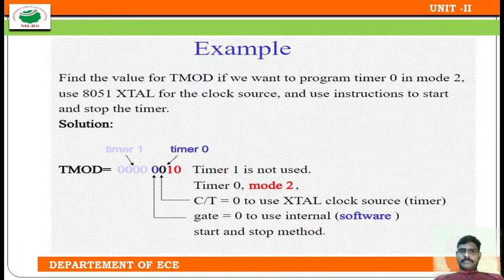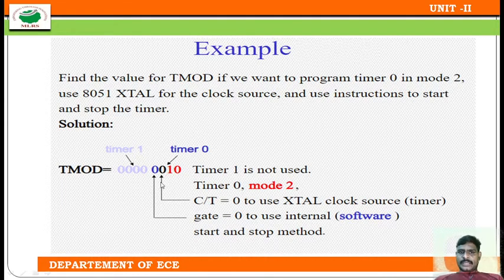For example, find the value of TMOD if you want to program timer 0 in mode 2 using a crystal clock source and an instruction to start and stop the timer. What do I need to do here? I need to initialize it. Timer 1 is not used. The first 4 bits are for timer 1 and the next 4 bits for timer 0 in the TMOD register.